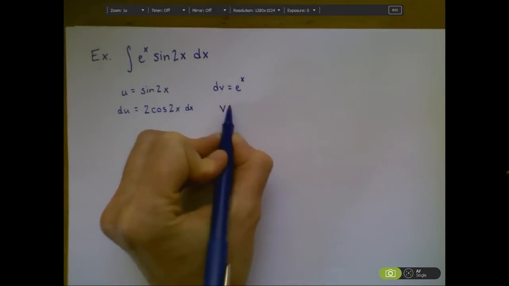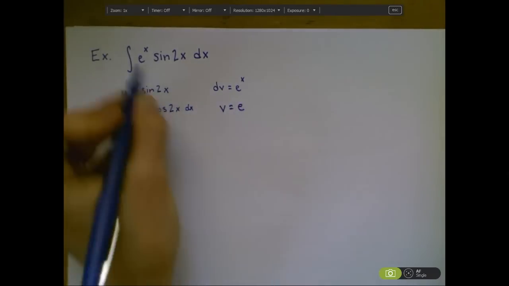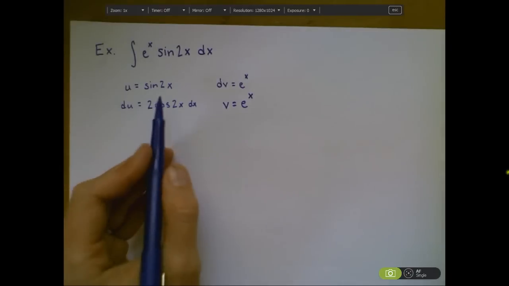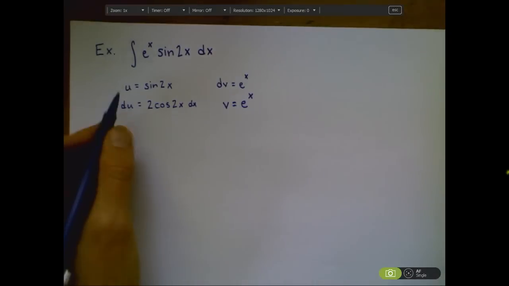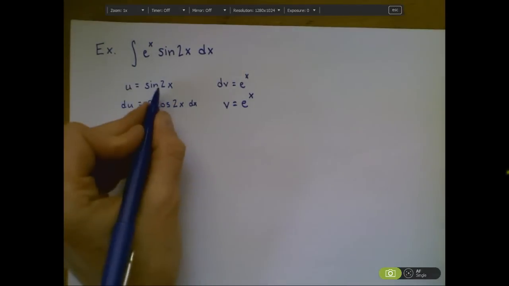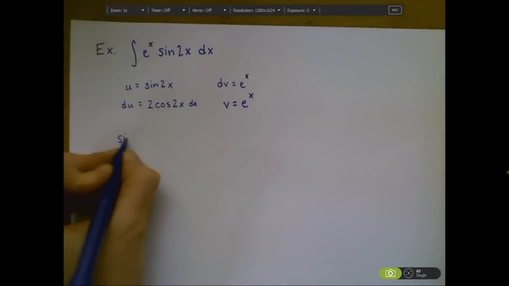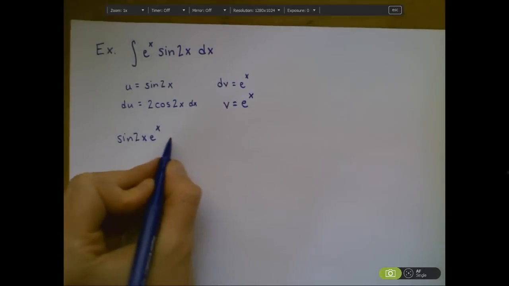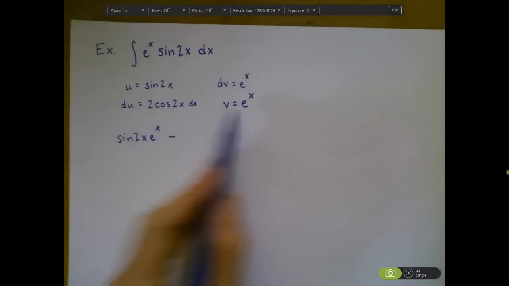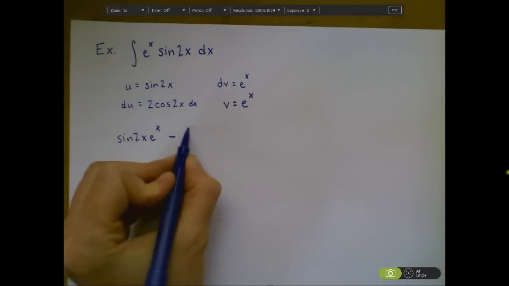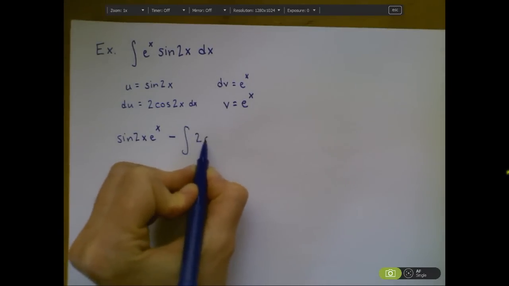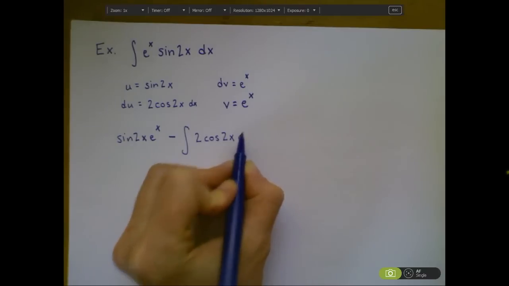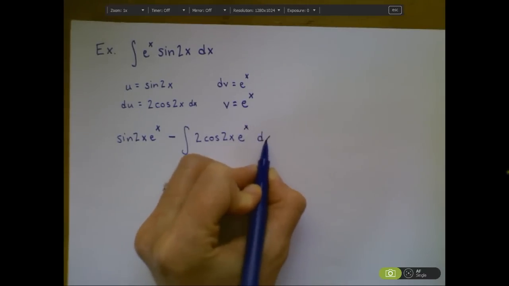And then my v is going to be equal to the antiderivative of e to the x, which is still just e to the x. And without going through all of the pieces of this, that means that this integral is going to be equal to uv, which is sine of 2x times e to the x, minus the integral of v du, minus the integral of 2 cosine 2x e to the x dx.